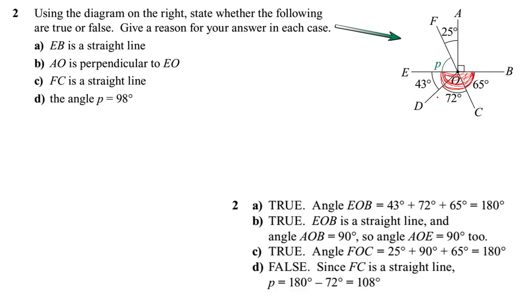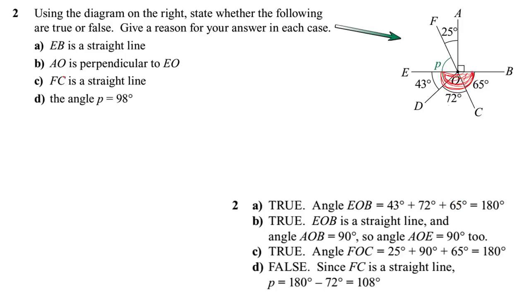You add this one, you add that, and you add that. If they add up to 180, then you know it's a straight line, because EOB looks like a straight line, and the angles at a point on a straight line should always add up to 180. So EOB, that angle there, is 180 because by adding these three angles you get 180. So therefore the line is a straight line.